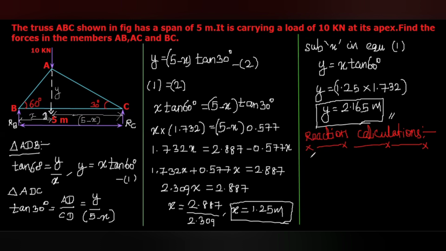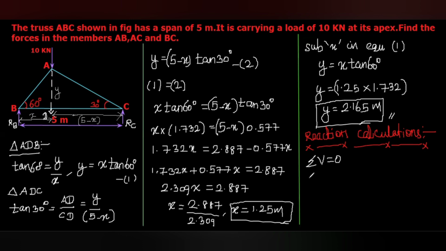That is, the algebraic sum of the vertical forces equal to 0. Here there are 3 vertical forces, 2 upward forces, RB and RC. Based upon this, we can put upward forces as positive and downward forces as negative, then equate to 0, or upward forces equal to the downward forces.